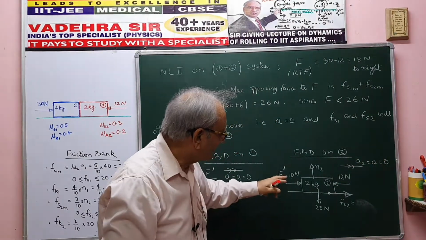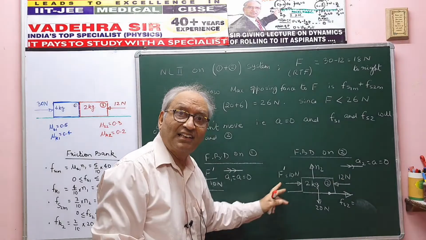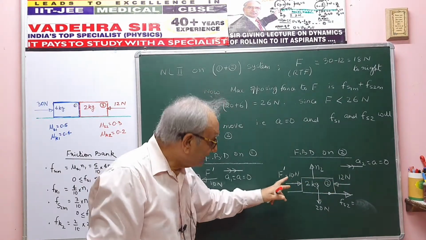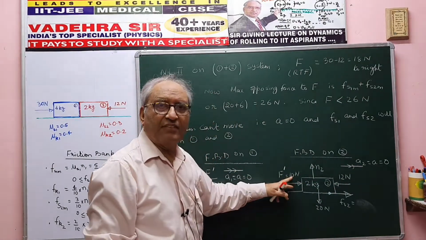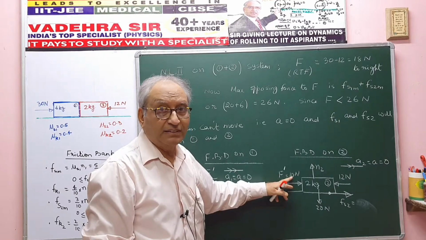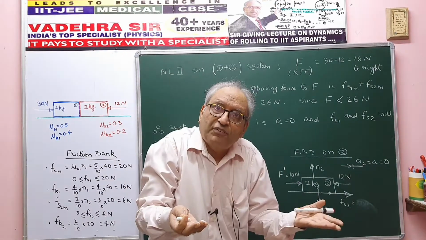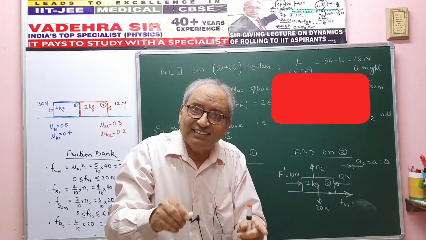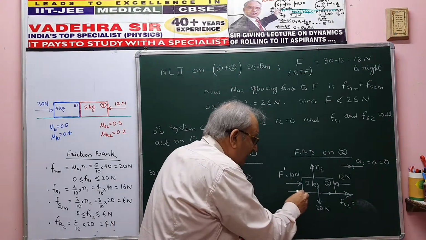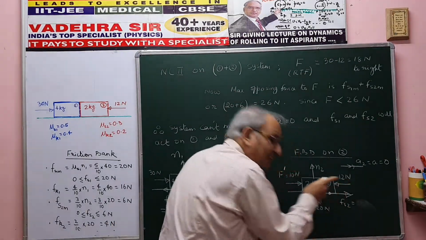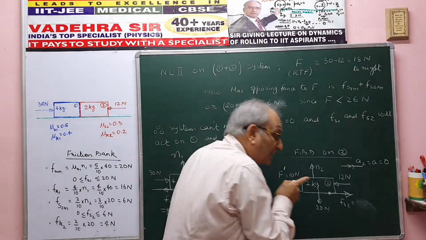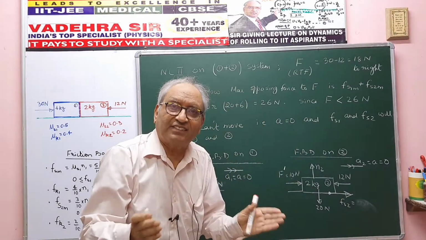So this means 12 has to be counterbalanced. 10 to the right, I am already having the contact force between the blocks. The other has to come from friction. And look at the interesting thing: the friction will now act to the right on this block. That's the beauty of friction.